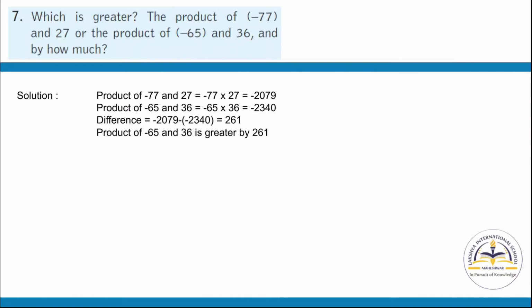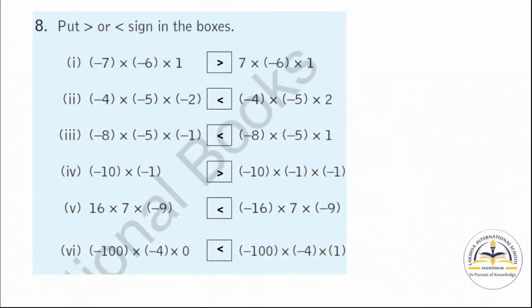So the product of minus 65 and 36 is greater by 261. This is our answer. Now question number 8, put greater or less than sign in the boxes. You have to solve both the sides and put the less than or greater than sign. First question is minus 7 into minus 6 into 1.